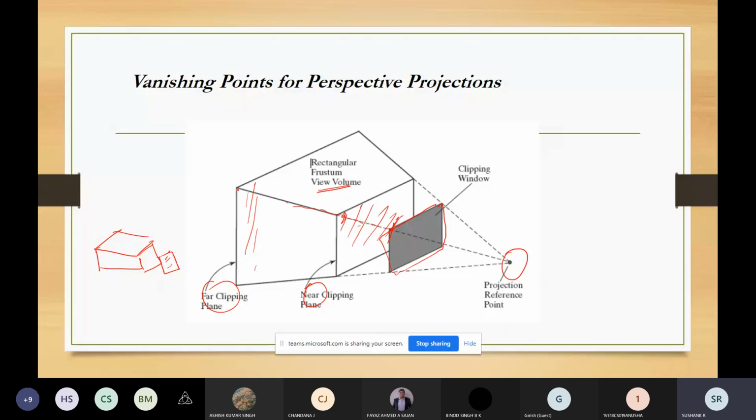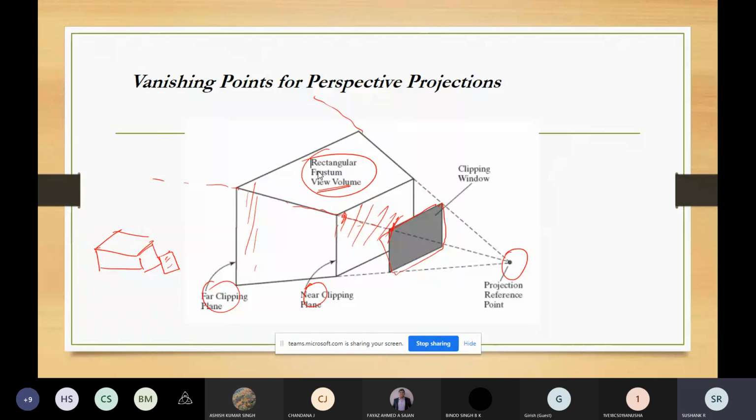Actually this pyramid would be infinite, so we add these clipping planes to truncate it and form a rectangular frustum view volume. You can imagine that: by adding this, we are truncating the infinite pyramid to form a rectangular frustum view volume.